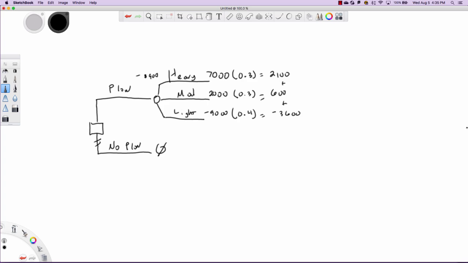$900. So in my base case scenario, I had a positive 700 and it looked like we should buy the plow. Well, now all I've done is change one little thing by just a little bit, and now it looks like, well, no, the town should not buy a plow.